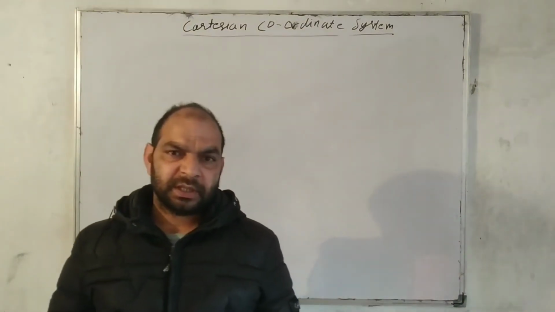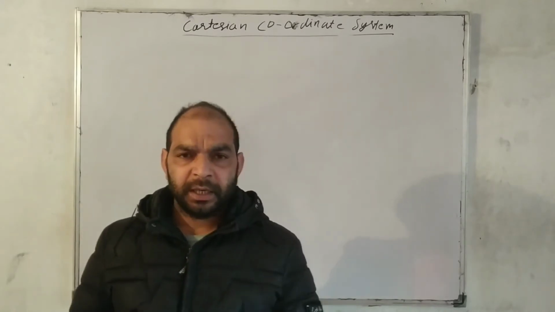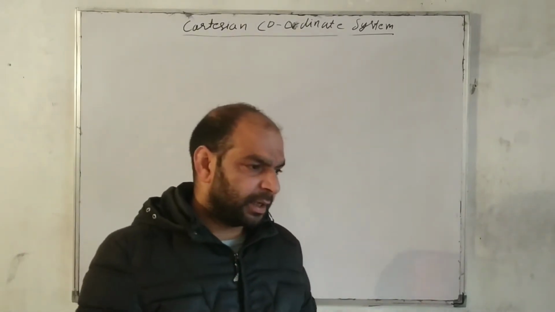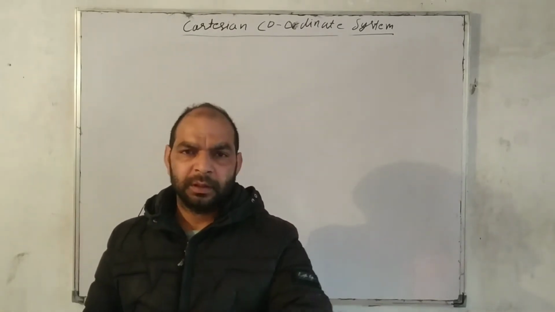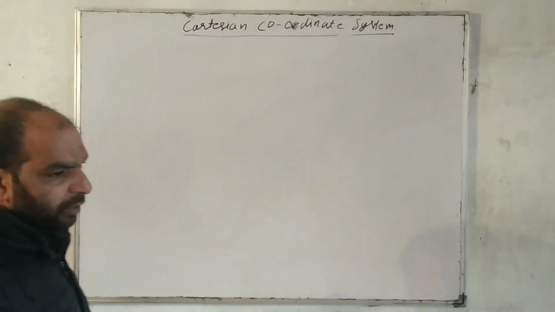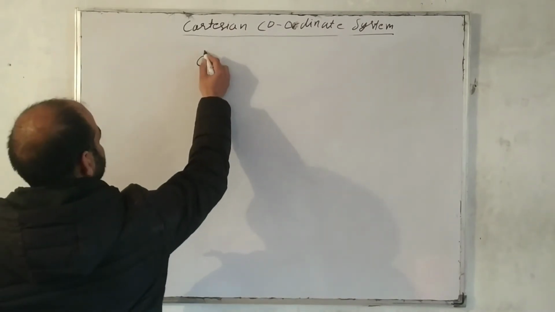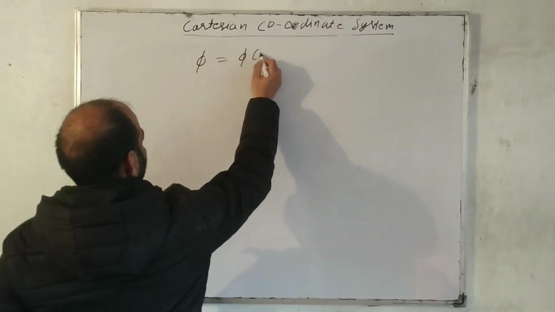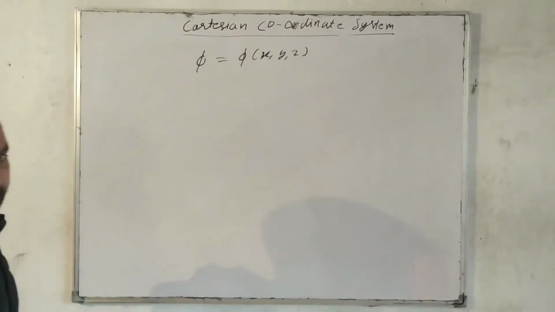Now we will discuss the gradient in the Cartesian coordinate system. Gradient is defined for a scalar field. So the gradient is a vector quantity normal to some equipotential surface. For the Cartesian coordinate system, let phi be some scalar quantity which is a function of x, y and z.